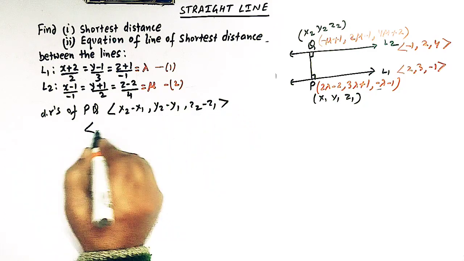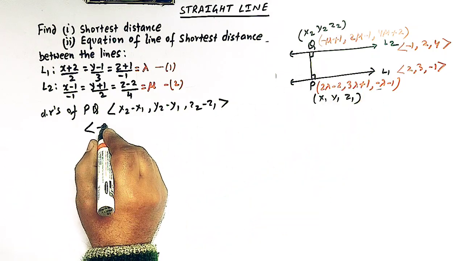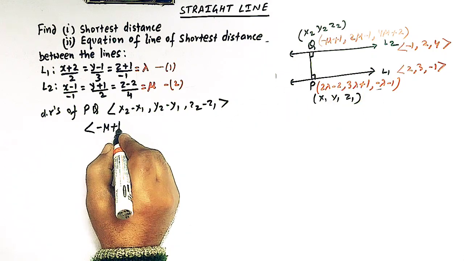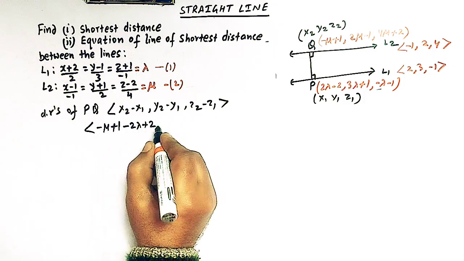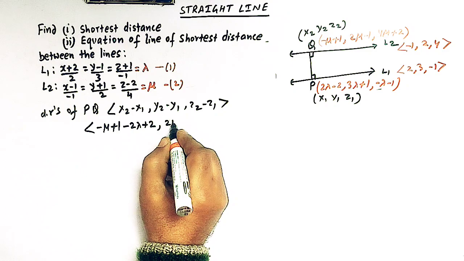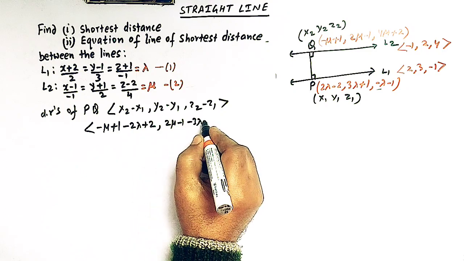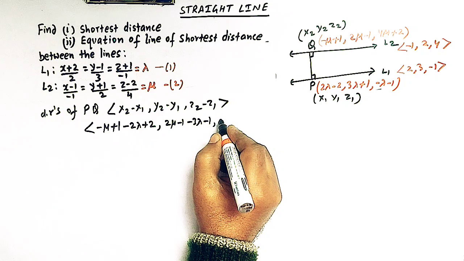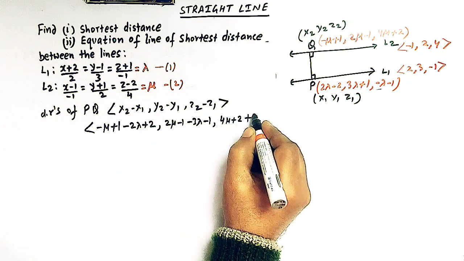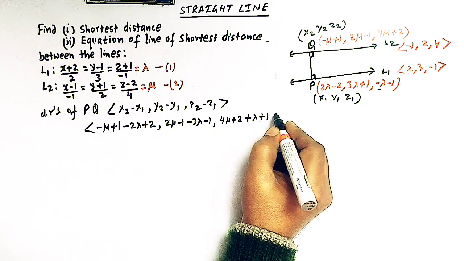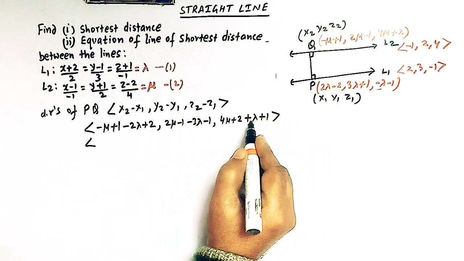So we can now write x2 minus x1 as minus mu plus 1 minus 2 lambda plus 2, then we have 2 mu minus 1 minus 3 lambda minus 1, and then we have 4 mu plus 2 plus lambda plus 1, right? So let us simplify these expressions.